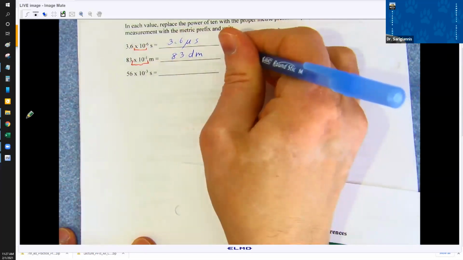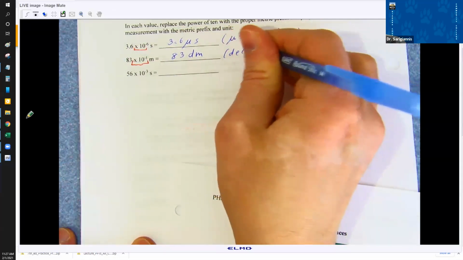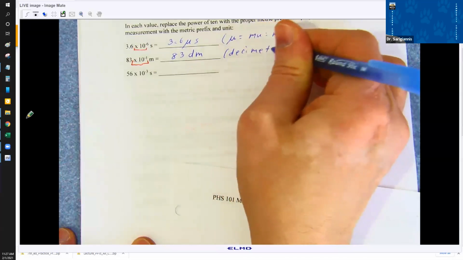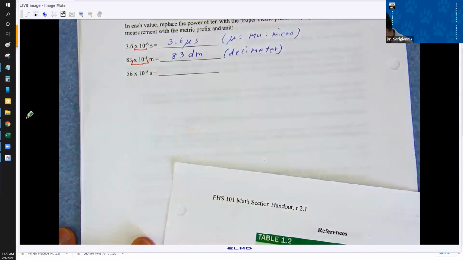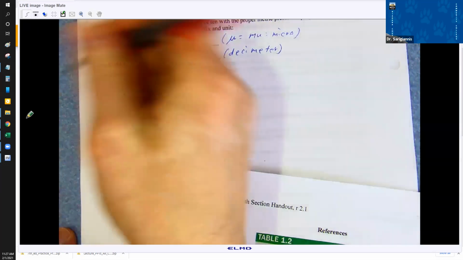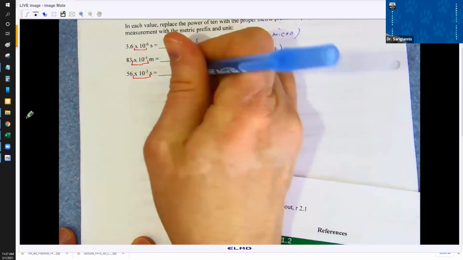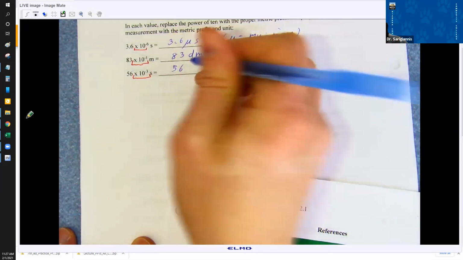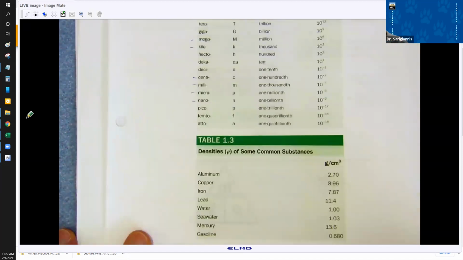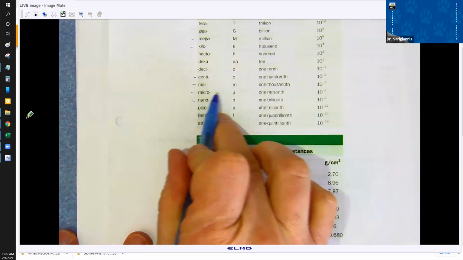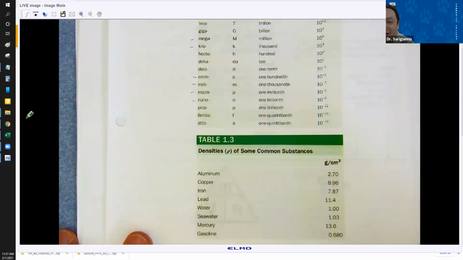So this is a decimeter. And then we got 56 times 10 to the minus third. There's only so many of these you can do before you start repeating milli, right?